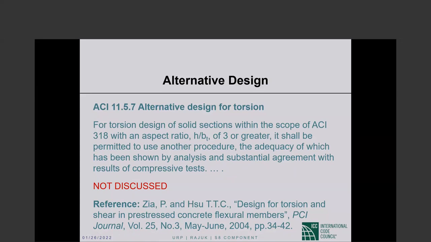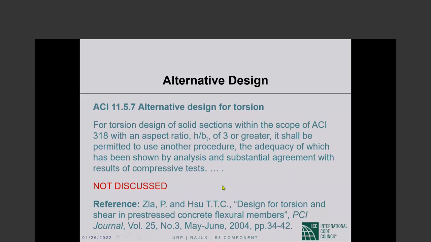We can use any design procedure, the adequacy of which has been shown by analysis and substantial agreement with results of comprehensive tests. Anyway, to cut a long story short, ACI tells you in the commentary, if you use the Zia-Shu approach, which was in ACI 318 before it was replaced by the thin wall tube analogy, for these precast spandrels, your design would be satisfactory.